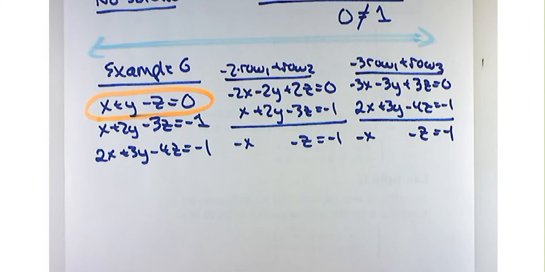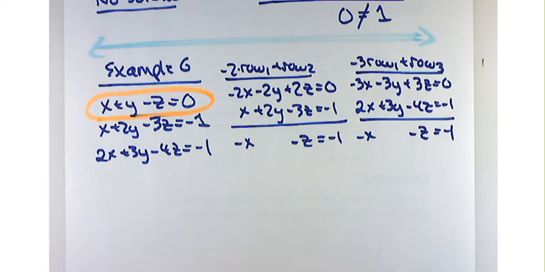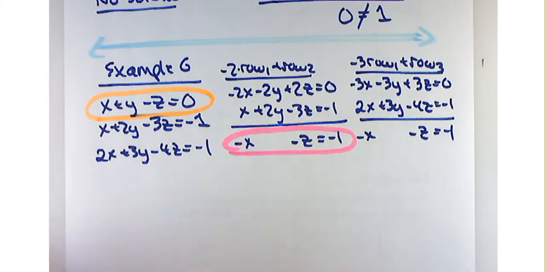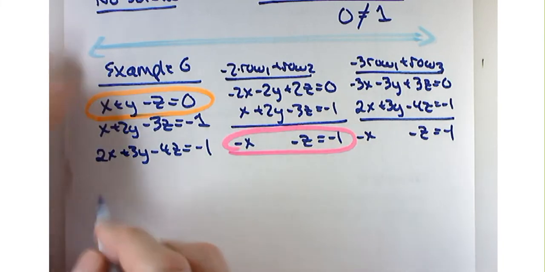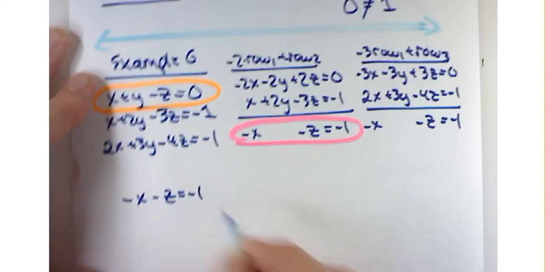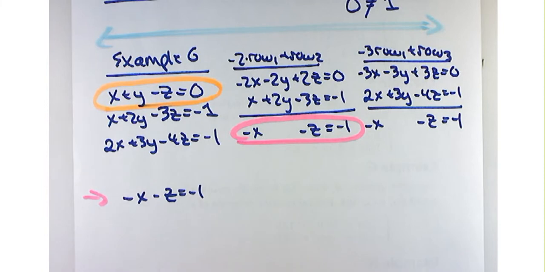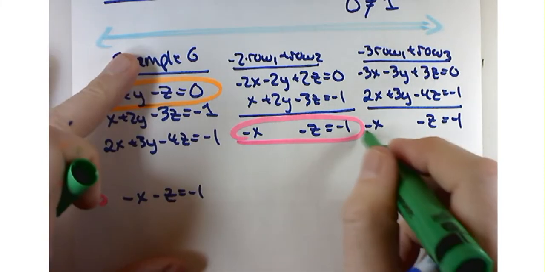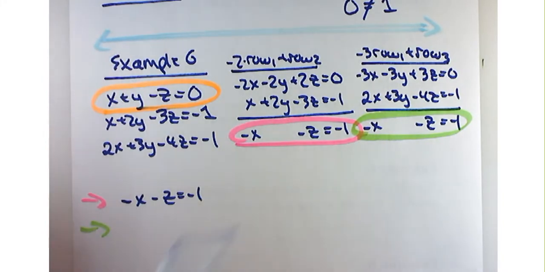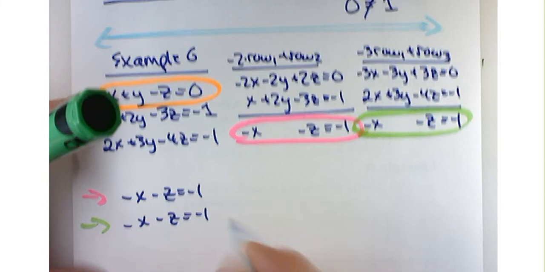So let me put those together. The first equation, coming from here, is negative x minus z equals negative 1. So that's that equation. And then I got this equation, which is negative x minus z equals negative 1.